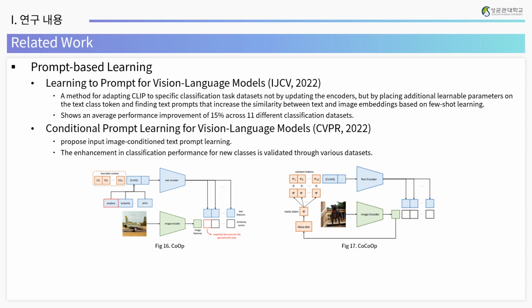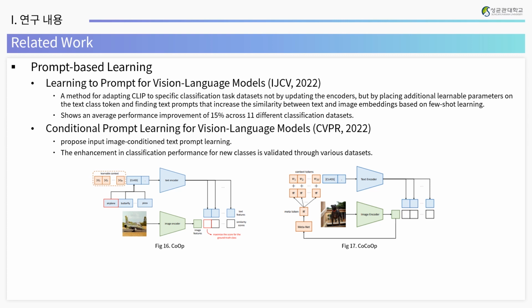It shows a method for adapting CLIP to a specific classification dataset, not by updating the encoders, but by placing additional learnable parameters on the text class token and finding text prompts that increase the similarity between text and image embeddings based on few-shot learning. It shows an average performance improvement of 15% across 11 different classification datasets compared to state-of-the-art methods.